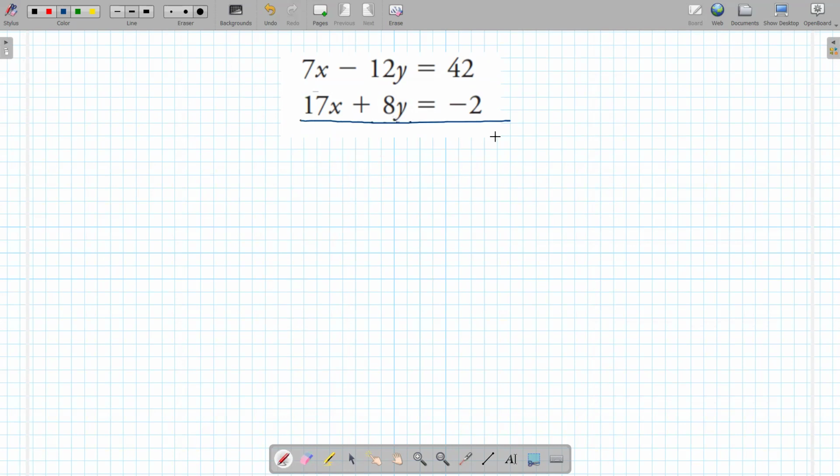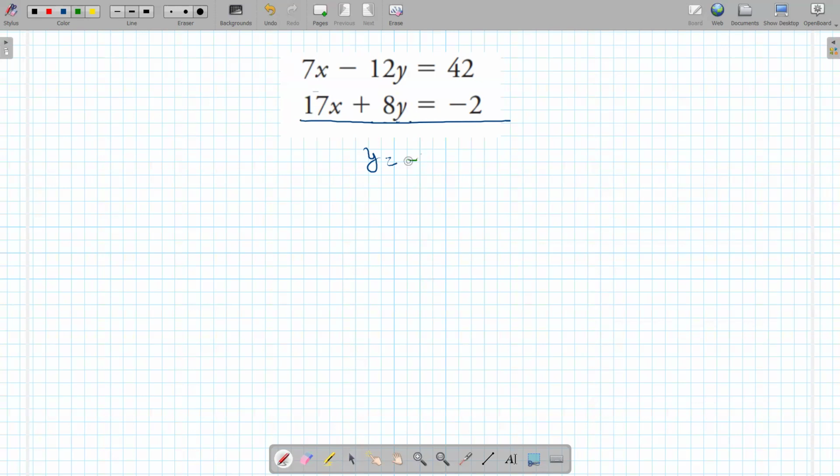I'm going to work on this one. Let's solve the second equation for y. What is y going to be in the second equation if you want to isolate it? So we only want y on one side. You subtract 17x and then you divide by 8.